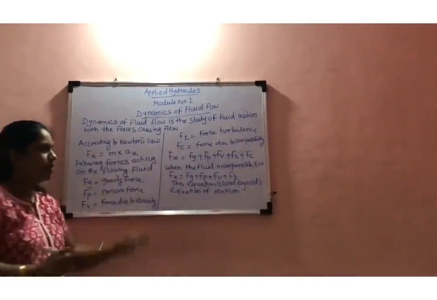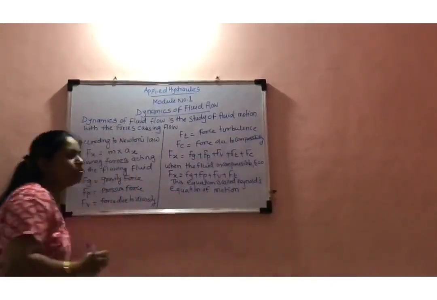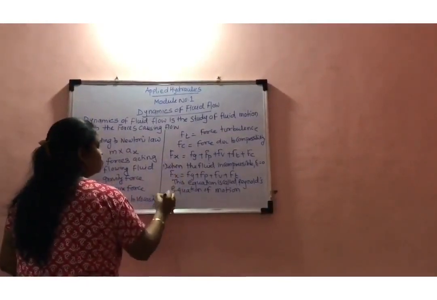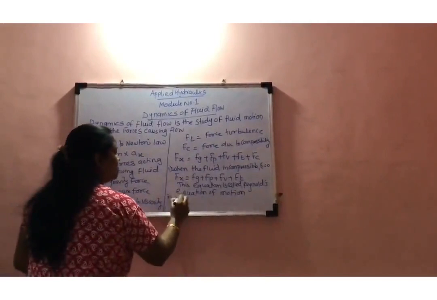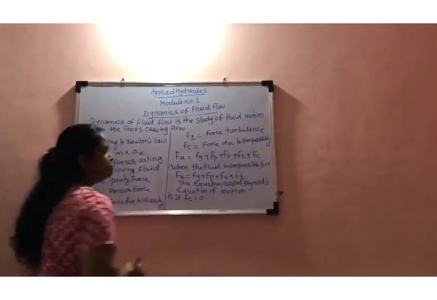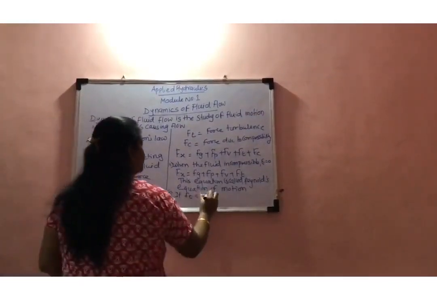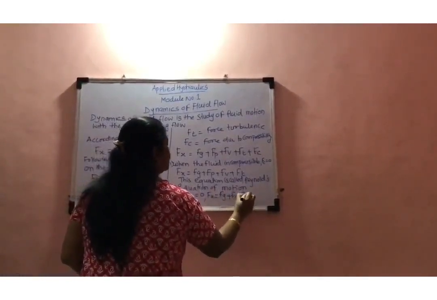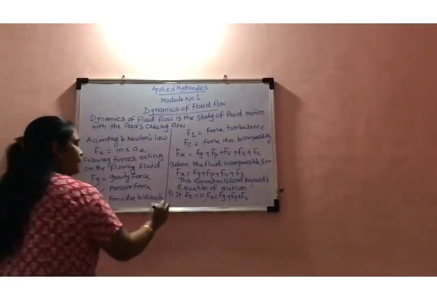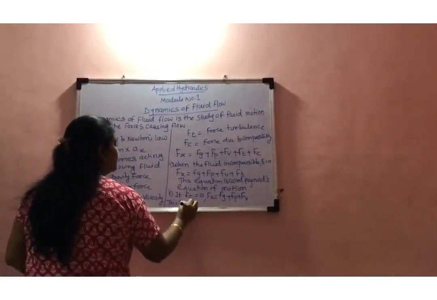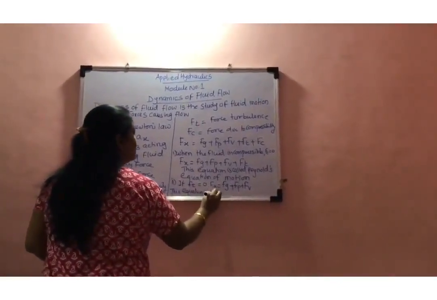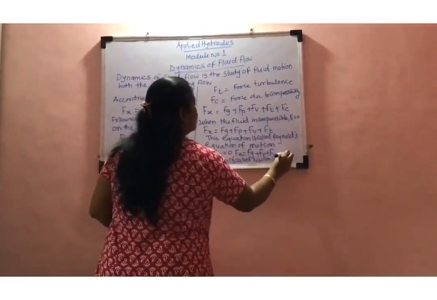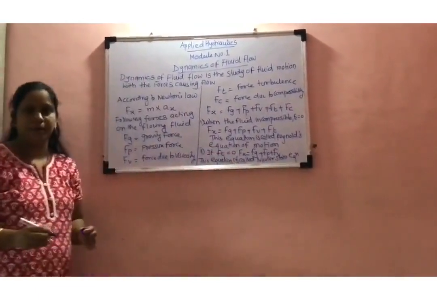If this Ft, that is the force due to turbulence, is equal to 0, then the equation Fx is equal to Fg plus Fp plus Fv, and this equation is called Navier-Stokes equation of motion.